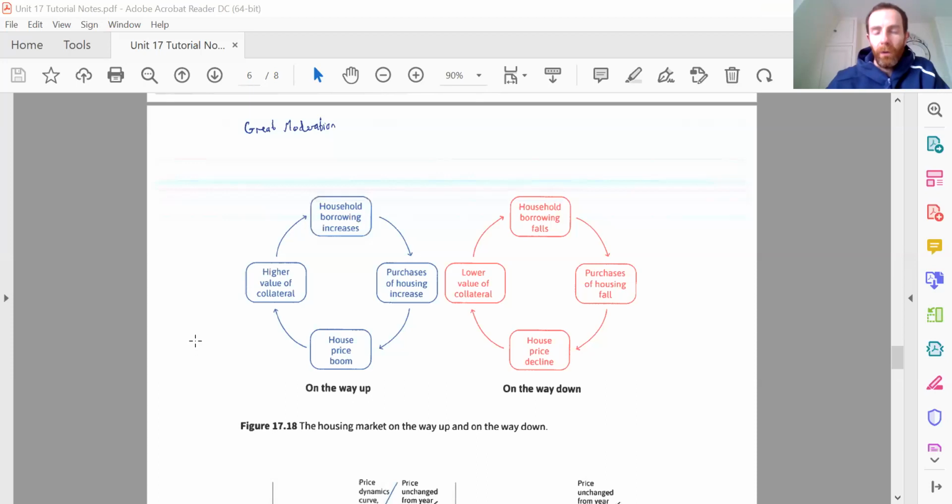Okay, so just to go away from the financial crisis for a second, I'm going to talk through some of the ways we can think about how housing as a market could be one where you see bubbles and busts. And these diagrams start us off, giving an indication of why this might be the case.